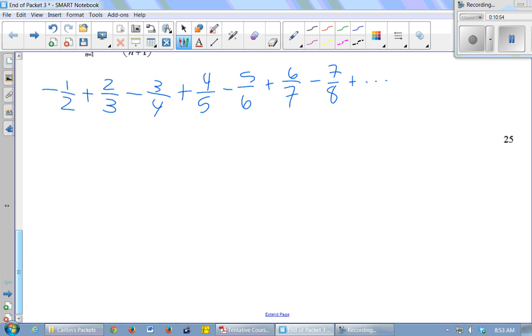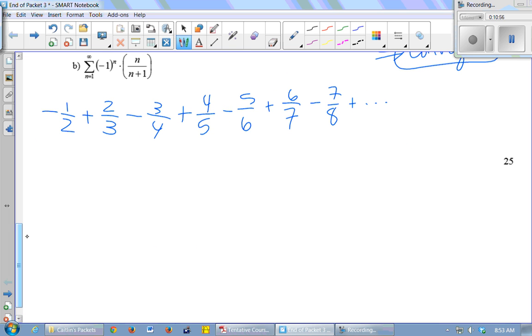So we have a test for divergence. It says that if your terms don't go to 0, you have no chance of converging, right? A half, 2/3, 3/4, 4/5, 5/6, 6/7, 7/8. Those are getting bigger, right? So we have no chance of converging. The a sub n's don't go to 0, which means it has to diverge.